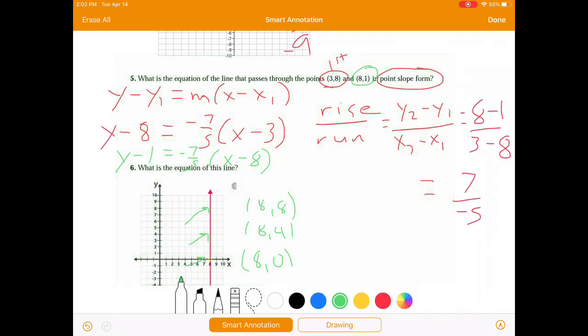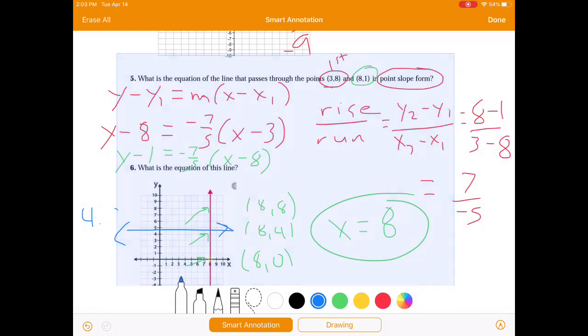And what you notice is every single x coordinate, no matter where you are on that line, is going to be equal to 8. It doesn't really matter what the y coordinate is. So the equation for this is x equals 8. And if you think about it going the other way, if we're looking at a horizontal line, let's just pretend that that's at 4.8, we'll say.